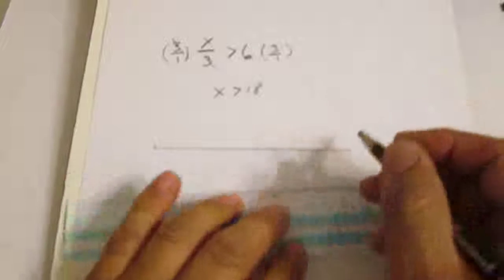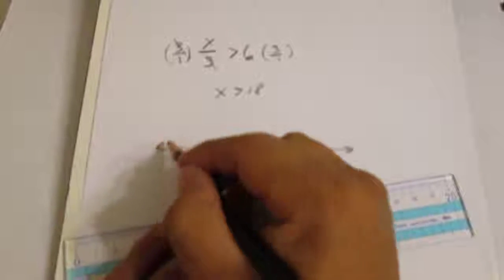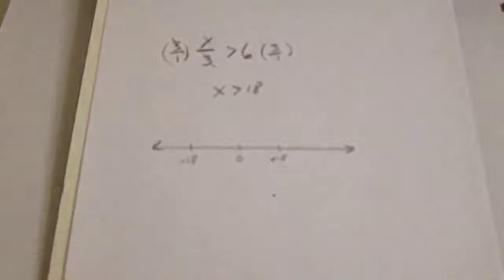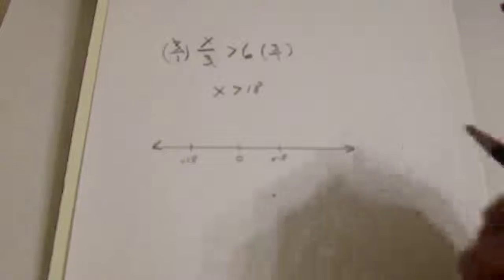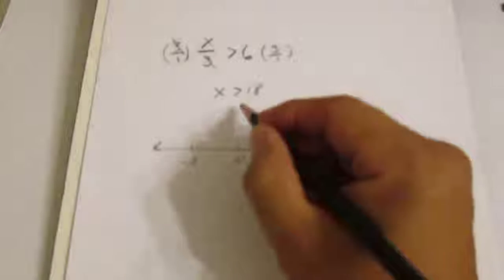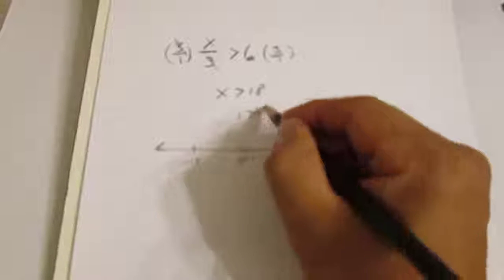So I'm going to do this quickly here. And I'm going to check a point on the left hand side. Let's say I'm going to pick 1. So 1 is greater than 18.